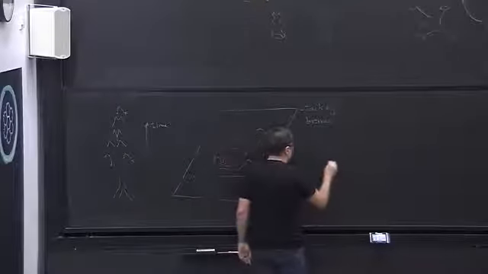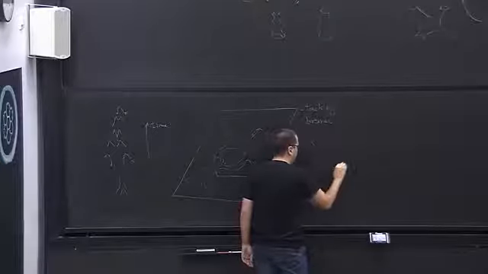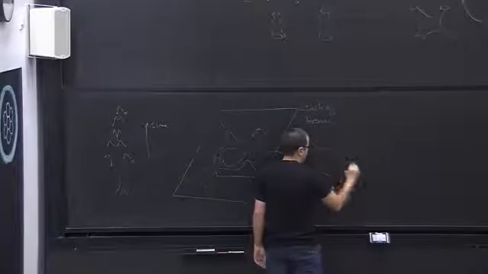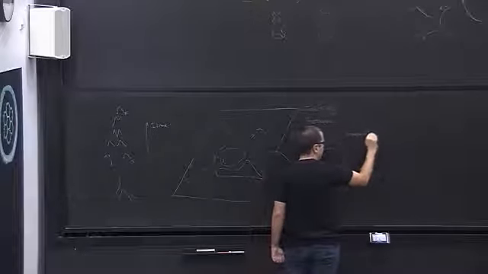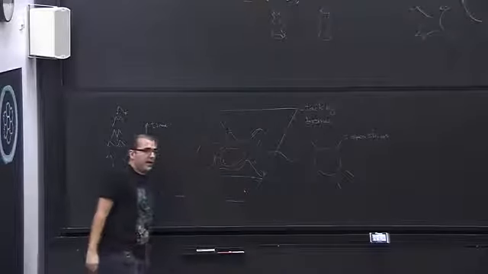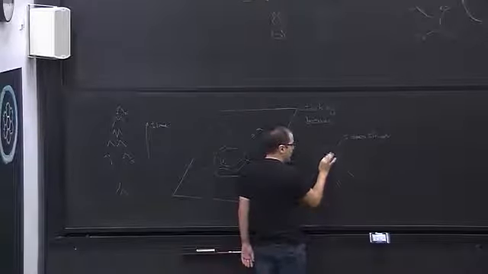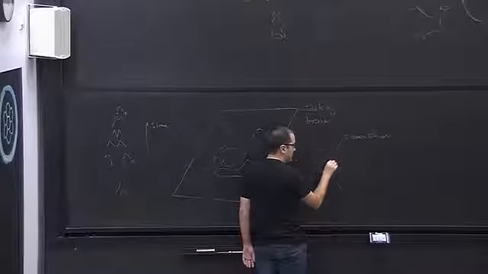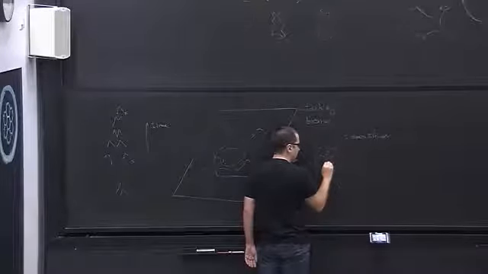Another person could say that what happened here was that I had 5 open strings coming in, and at some point, now I'm seeing it from above, the brane created a closed string and emitted this closed string from itself.